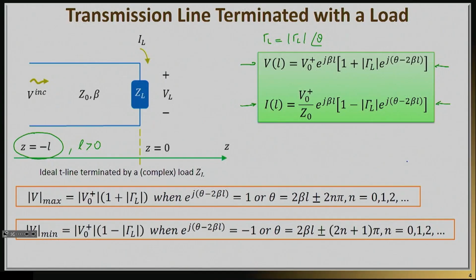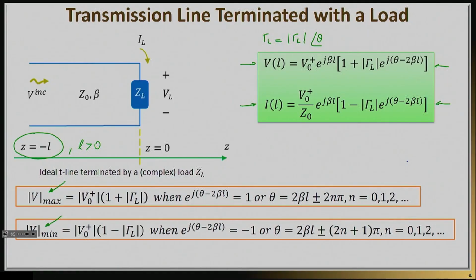If you look at these expressions a little more carefully, you will find a few interesting facts. The first interesting fact is that the voltage is not constant. To be a little more precise, the voltage is not just a function of time, as it should be, but the voltage magnitude is actually not constant along the transmission line.